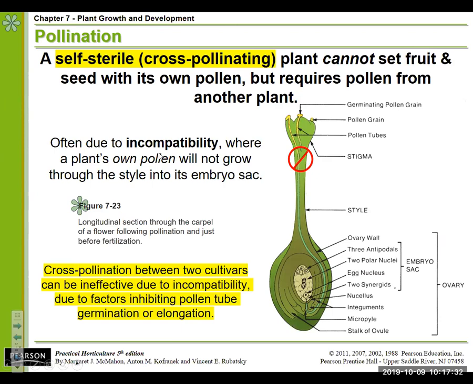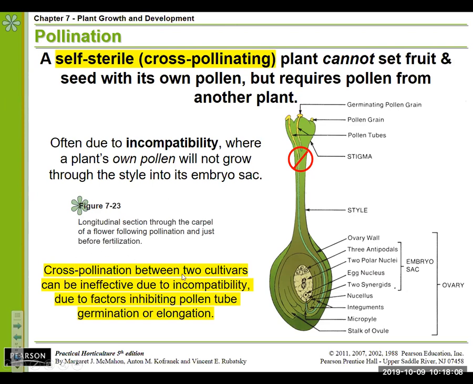Inbreeding depression we see in a variety of organisms, not just in plants, but it's where if the gene pool is not broadened, it's often exposed more to different types of mutations and just other negative effects. So we think about it in animals like dogs, for instance. If they are constantly inbred, they develop things like hip dysplasia, or in some animals, mental disorders.